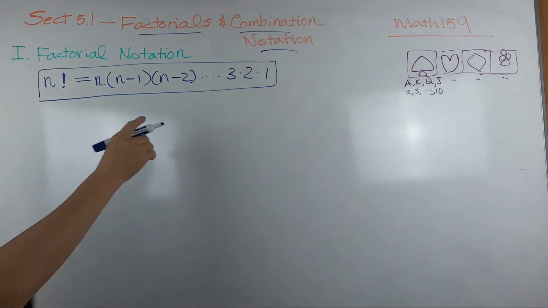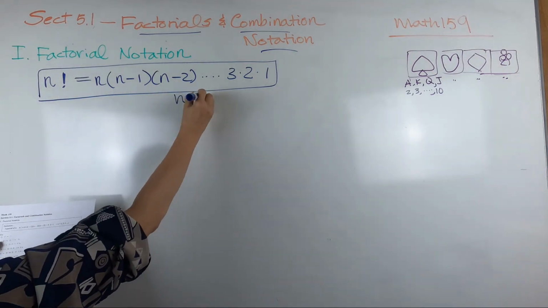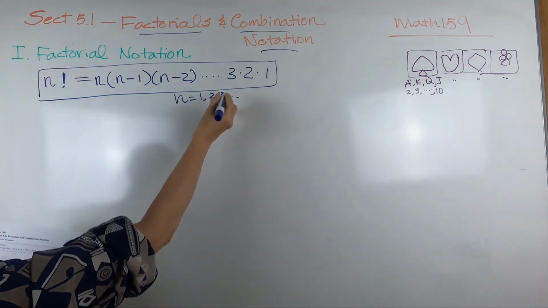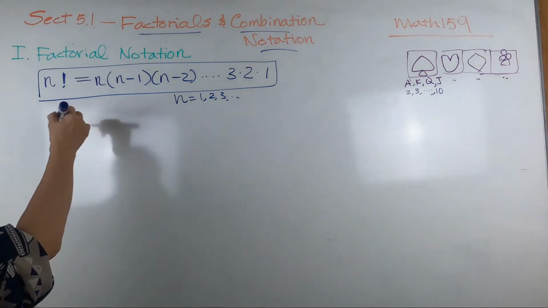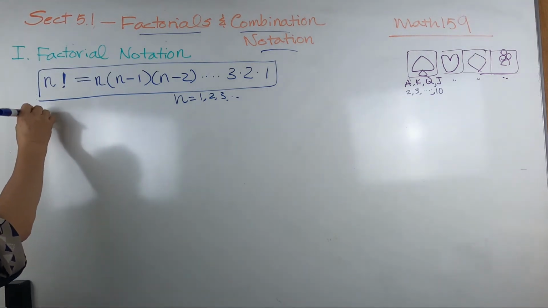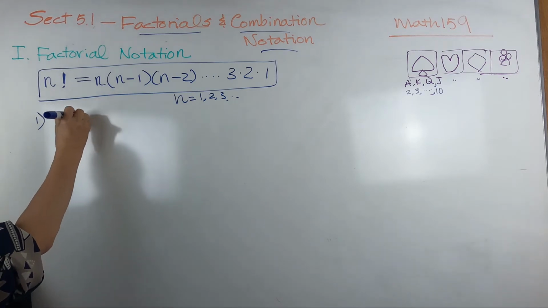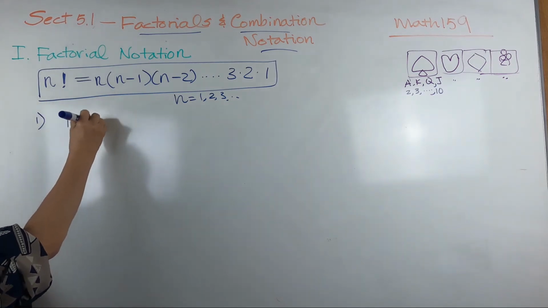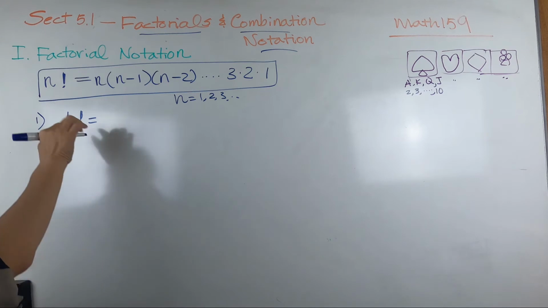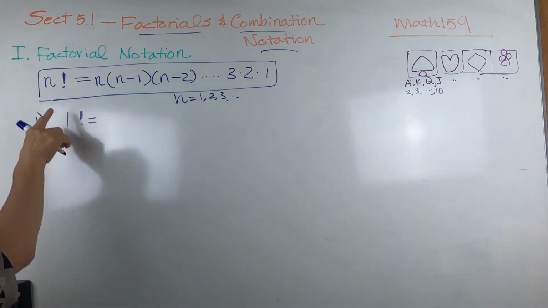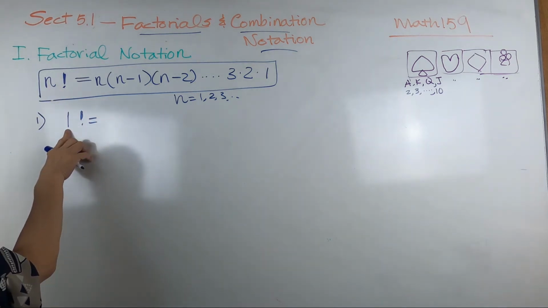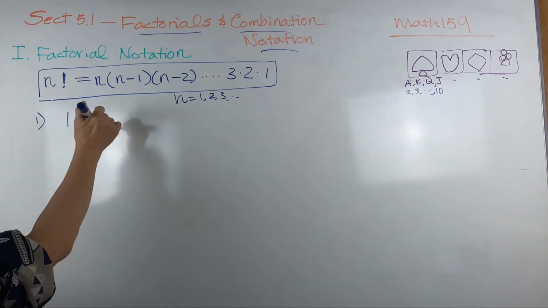So n is a number, can be 1, 2, 3, or that. What does that mean? Let's see some examples. If I say 1 factorial, you multiply everything below that number all the way to 1. So 1 is only 1.